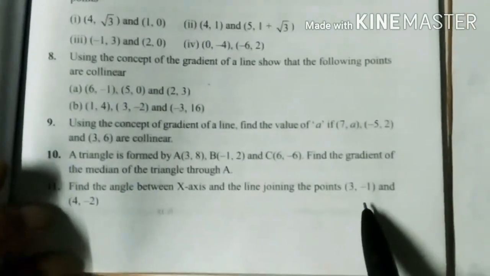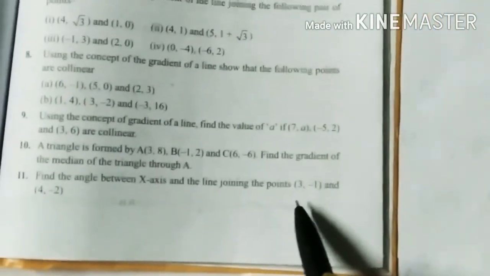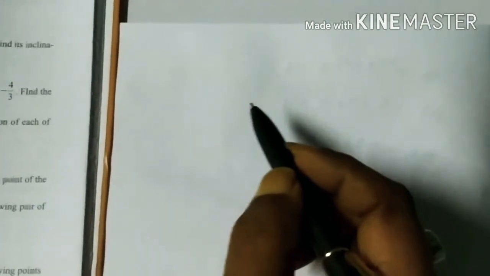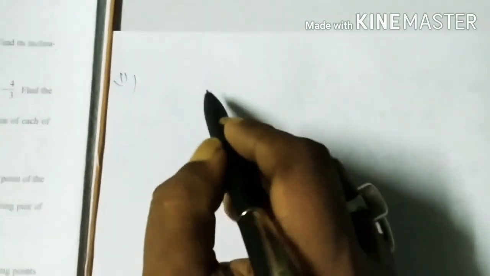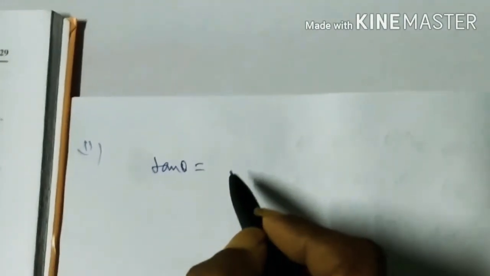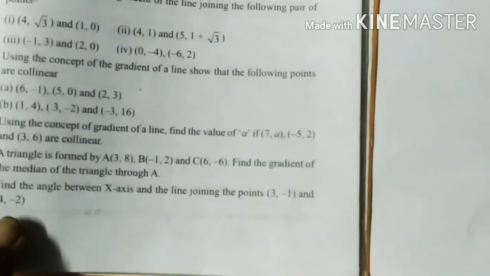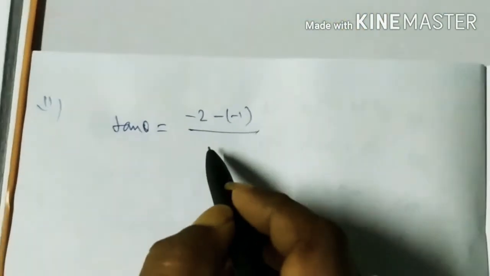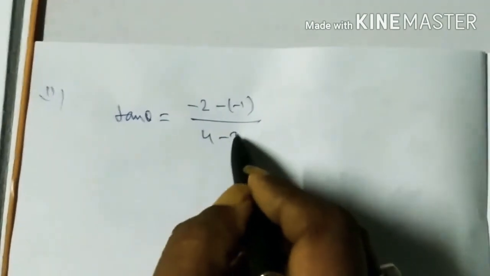question number 11. Find the angle between the x-axis and the line joining the points given. That means first of all you have to find out the gradient, that is tan theta, which is equal to y2 minus y1, minus 2 minus 1, by x2 minus x1, that is 4 minus 3.